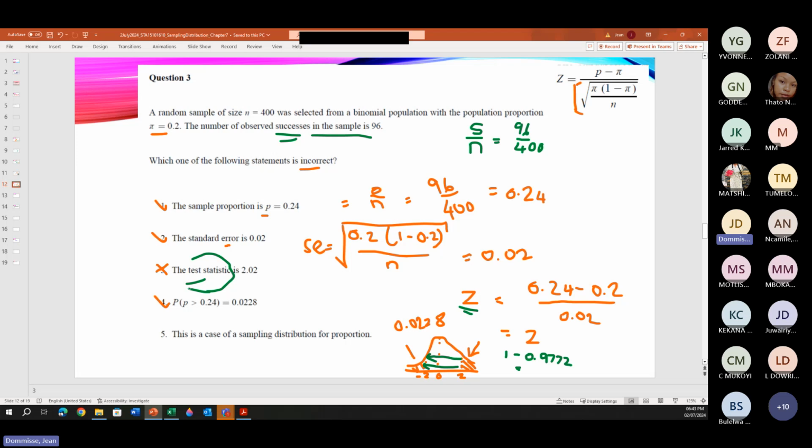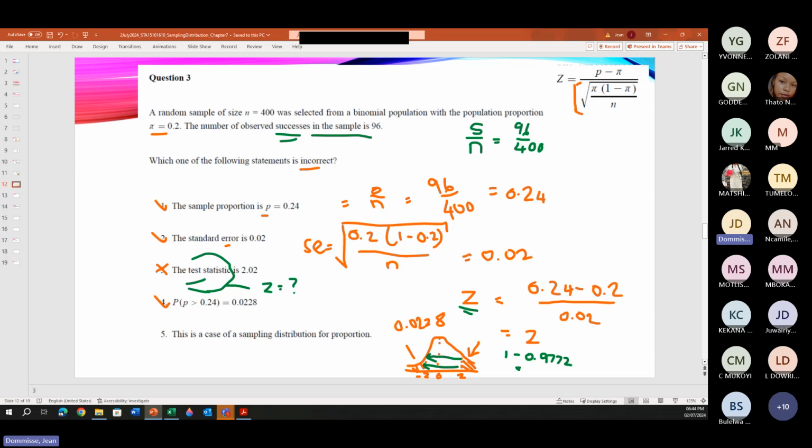We're going to see that a lot in chapter 8, 9, and 10 as well. So actually what you're working out is the Z. So you're working out what is that Z value.